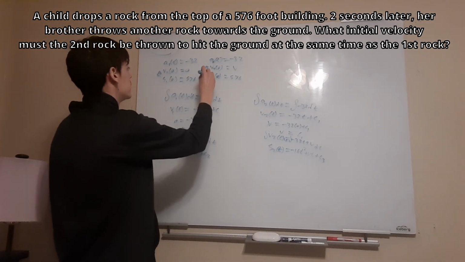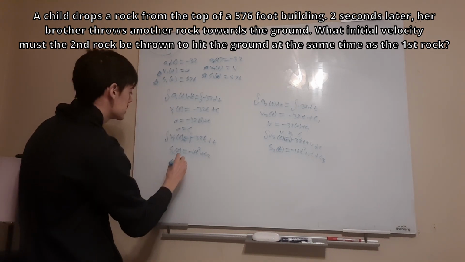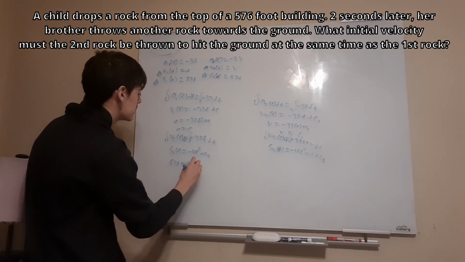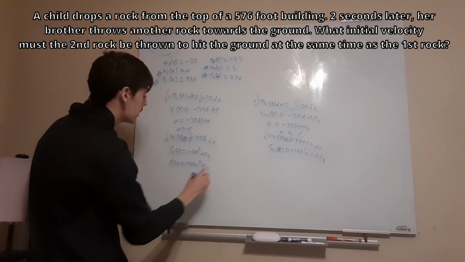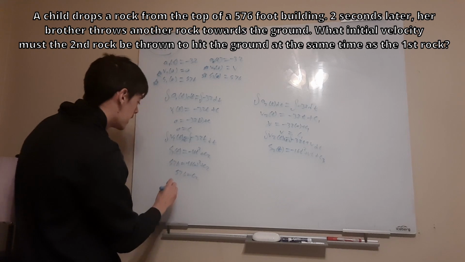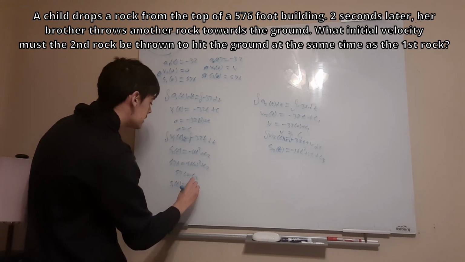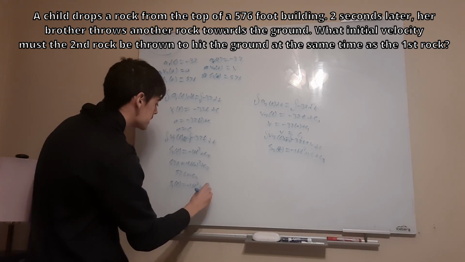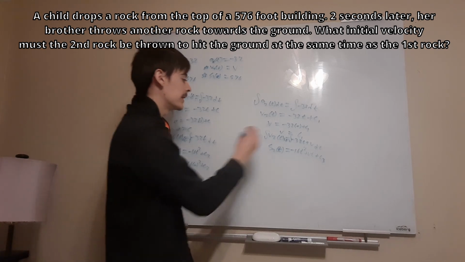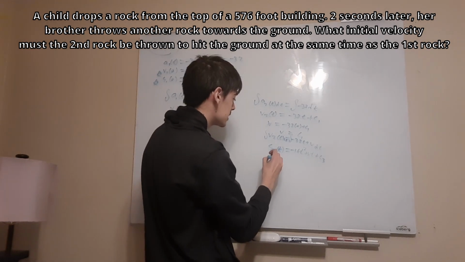Now we are going to plug in this information. Over here, we'll get 576 equals negative 16 times 0 squared plus c2. And let's just do this right now. 576 equals c2. And that means s1 of t will equal negative 16t squared plus 576. Moving on to this kid, we would plug in s2 of 0 equals 576.